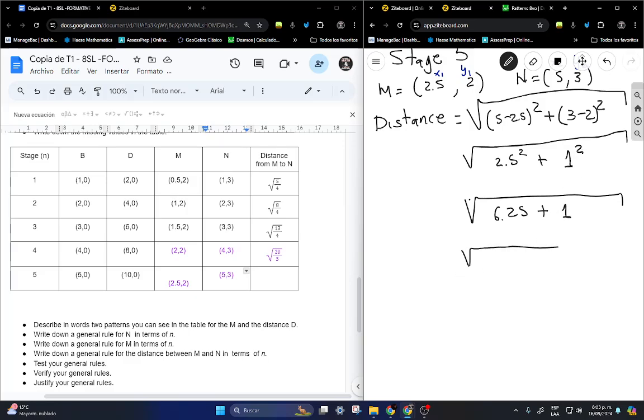And if we keep doing it, oh, sorry, I forgot the equal signs. 6.25 plus 1 is 7.25. So it's a square root of 7.25. We could go even further and write that in decimals to get the decimal version of that, but it's going to be an irrational number, and we don't necessarily want that right now.